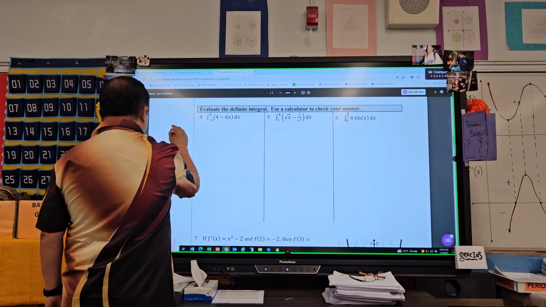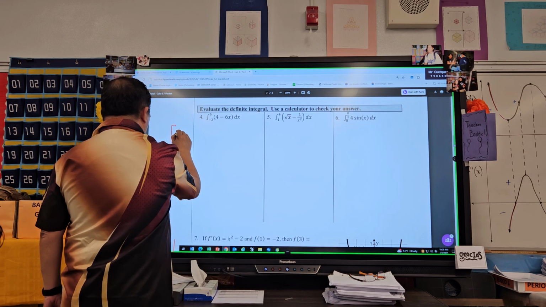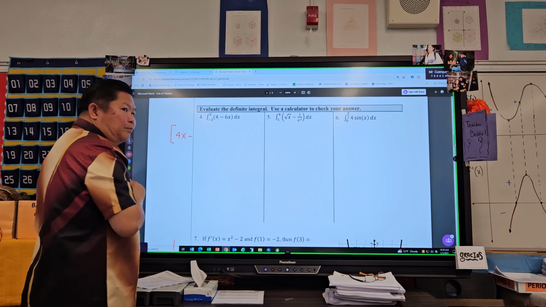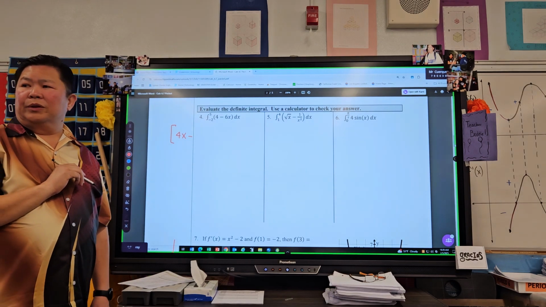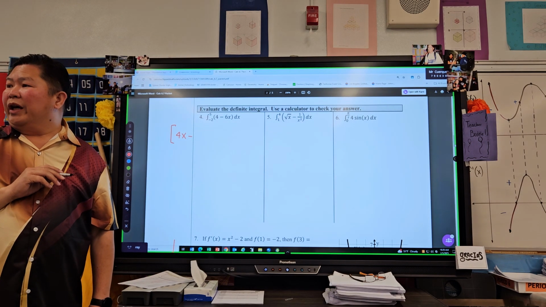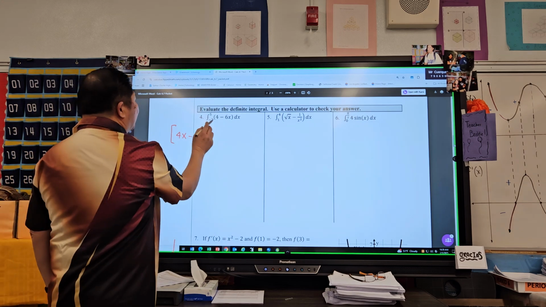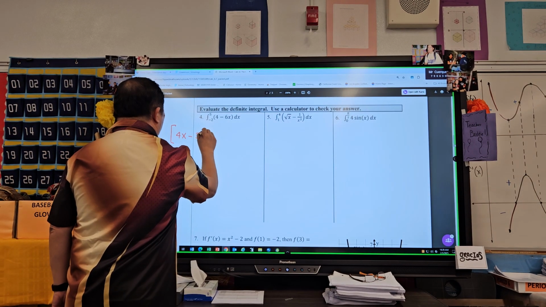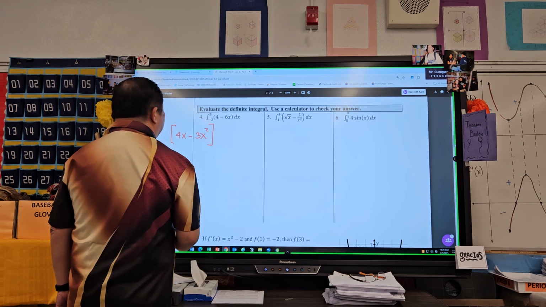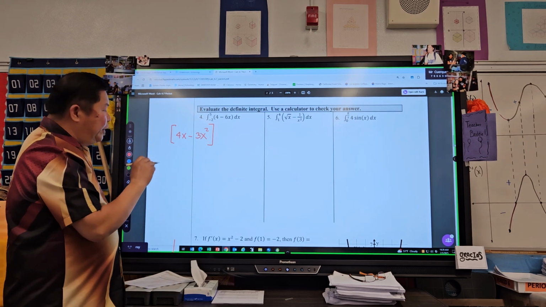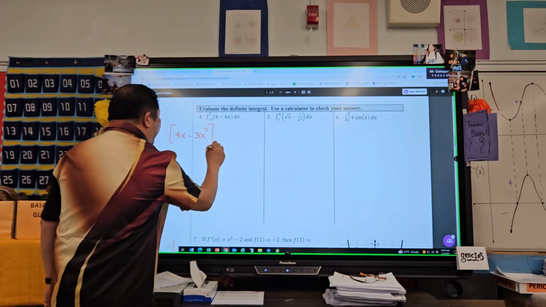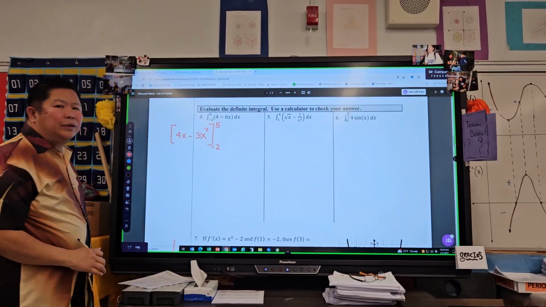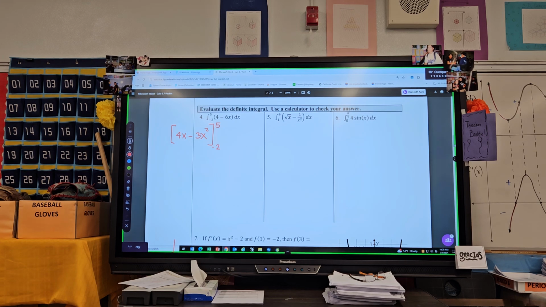This means we're going to have 4x minus, this is power of 2 over 2, so 6 divided by 2 is 3, 3x squared evaluated from negative 2 to positive 5. That's how you write the first step.